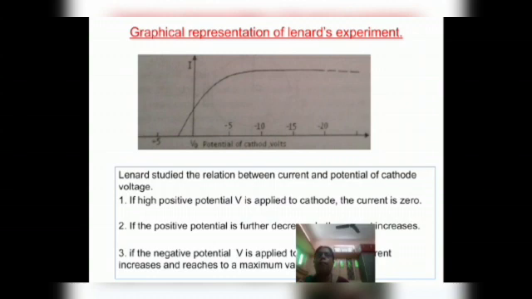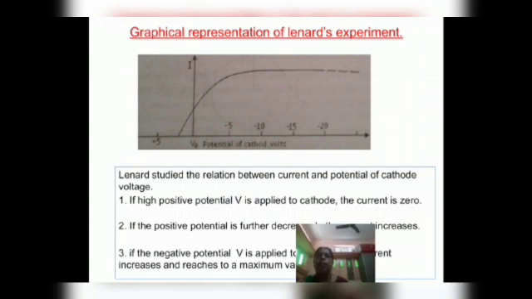This is the graph which gives a relation between current and potential of cathode voltage. On the x-axis, potential of cathode voltage is present, and on the y-axis, current is present. In the first case, if a high positive potential V is applied to the cathode, means when we make the cathode more and more positive, at that time the anode becomes negative.